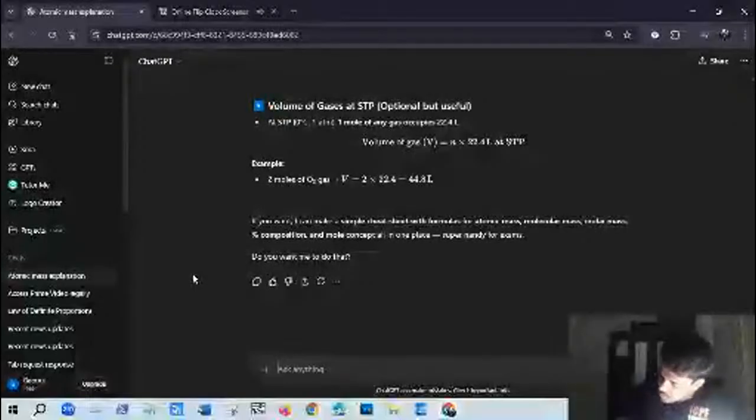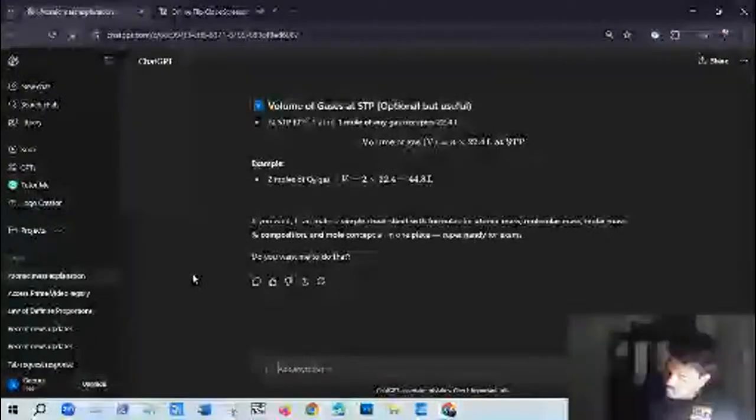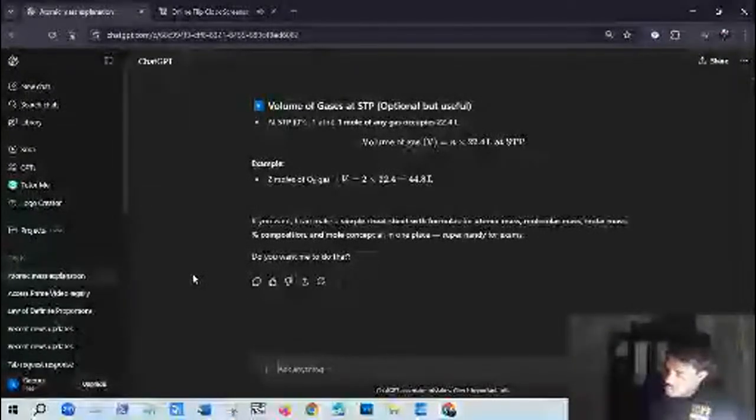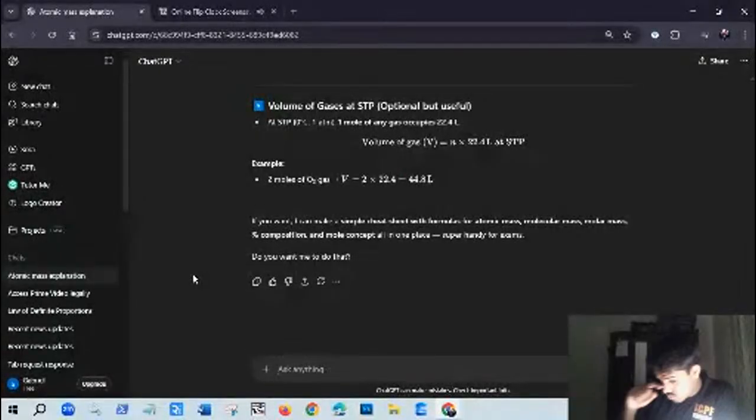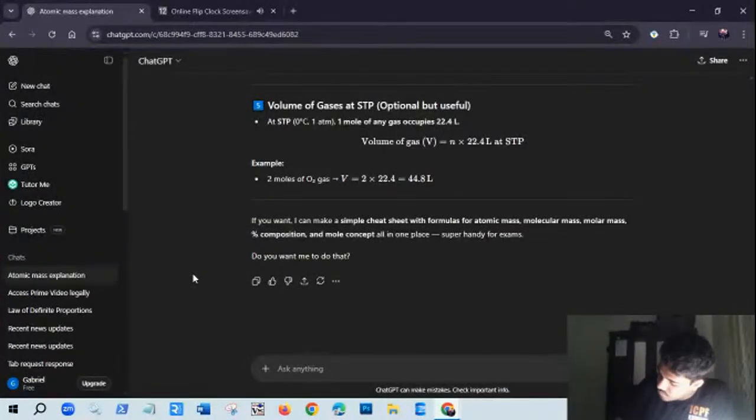And what do you use? n = m by M, and number of particles is n times NA. We found x now. m is the mass. What do you need to know? The number of particles. So you find N. N is equal to m into NA divided by M.